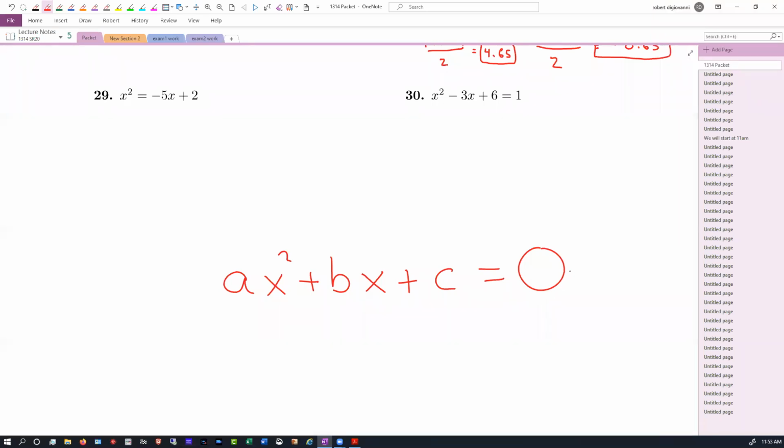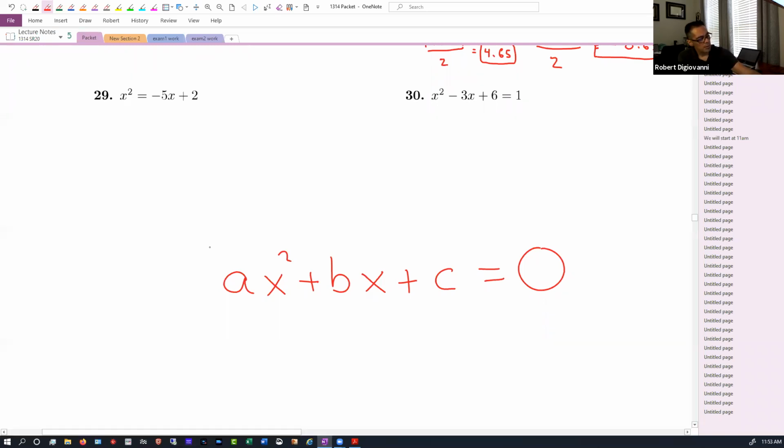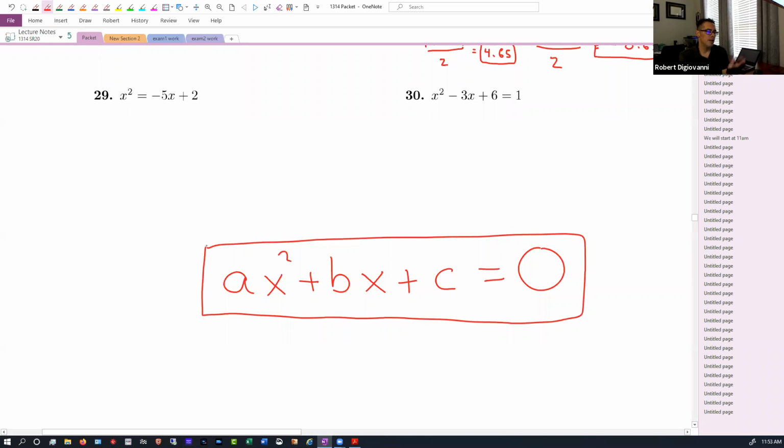No. Okay, nor is 30. So let's see if you can get them both to look like that. Then identify A, B, and C, and then use the quadratic formula. And I'll write down the formula here for you just so you have it again. And why don't I give you 10 minutes to see how far you can get.